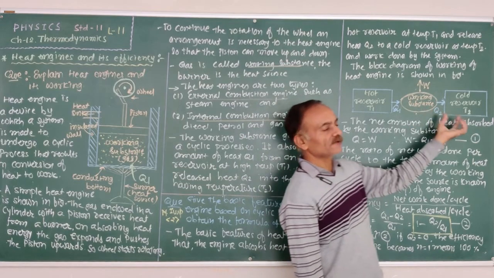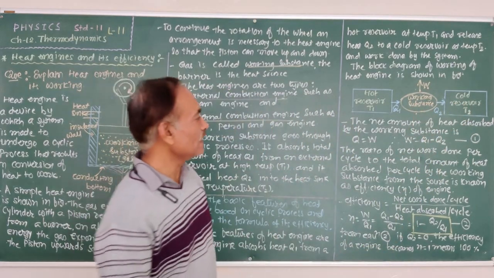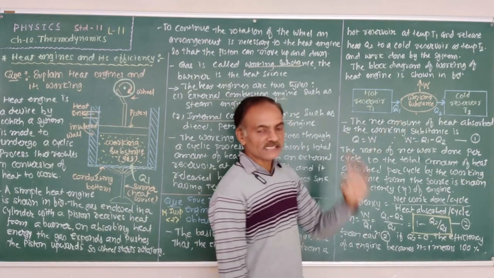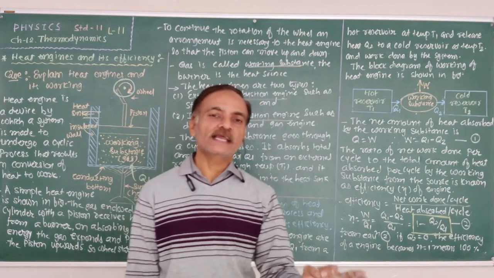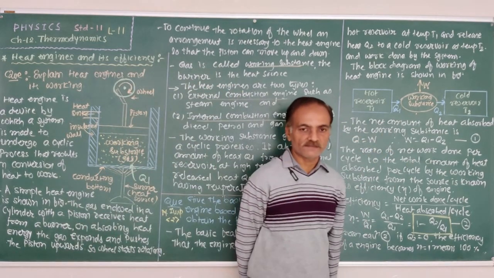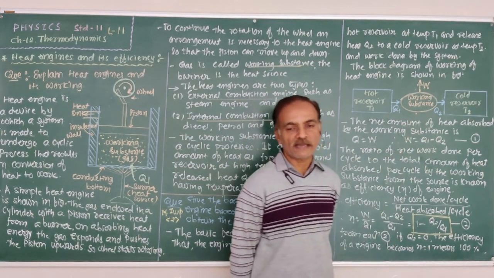Q1 is absorbed, Q2 is released. Therefore, Q1 minus Q2 is the net heat absorbed by the working substance. According to the cyclic process, this heat absorbed is equal to the work done by the system. Therefore, Q is equal to W, and W is equal to Q1 minus Q2.